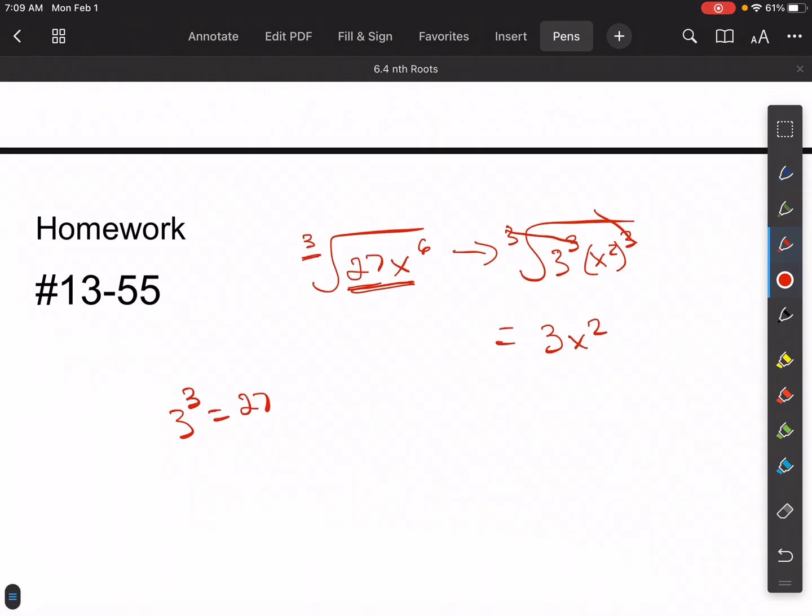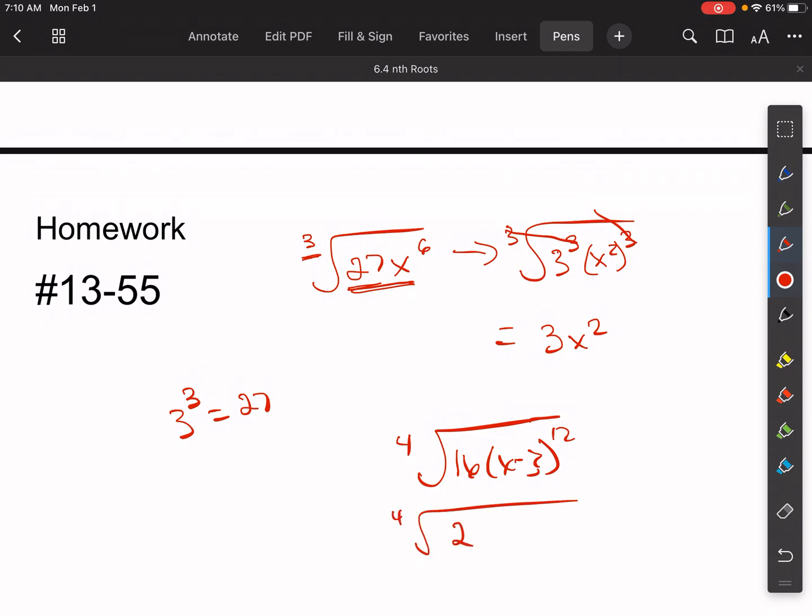Okay, so the last piece here that I'll do, so we did this one. We had the 4th root of 16 times (x minus 3) to the 12th power, right? So I can write this in terms of 4th powers. I could say this is the same thing as the 4th root of 2 to the 4th, and then (x minus 3) to the 3rd, all taken to the 4th.